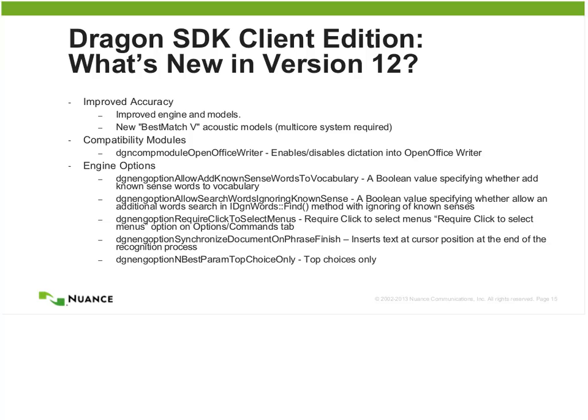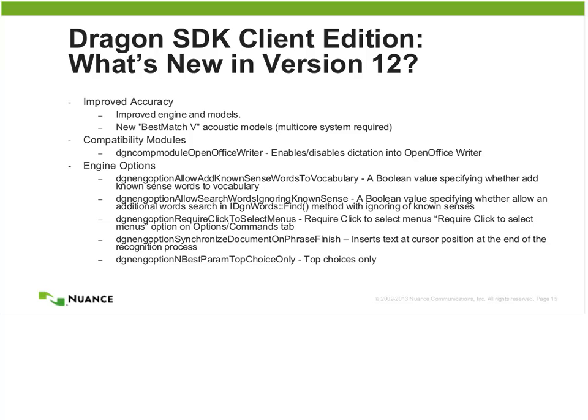So definitely, if you're going to be using version 12, you want to be using Best Match 5 when running on multi-core systems. Then we have a new compatibility module. We are now able to support OpenOffice Writer. So we have a new interface that allows you to disable dictation into that application.